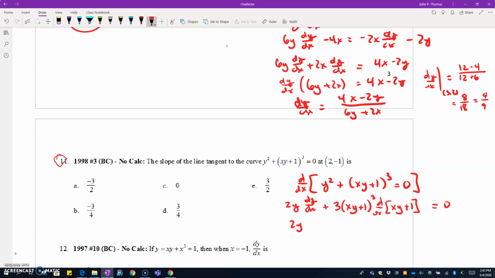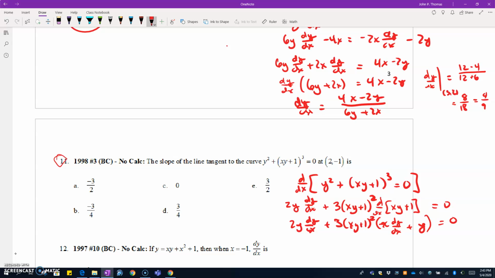So I've got 2y dy/dx plus 3(xy plus 1) squared. Alright, and then the derivative of the inside, I'm going to have a product rule there. So I have x dy/dx, first d second, plus second d first, and then derivative of 1 is 0. So I end up here.